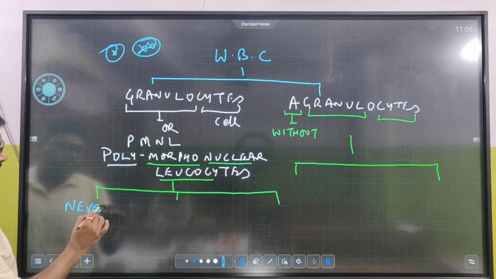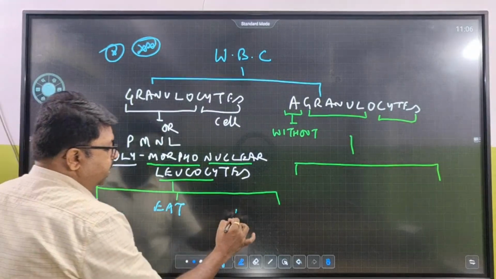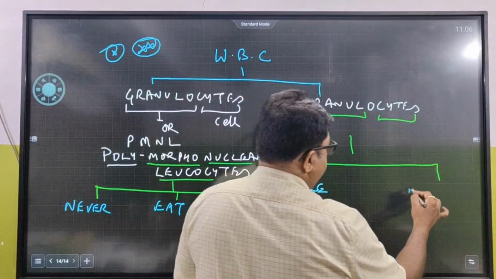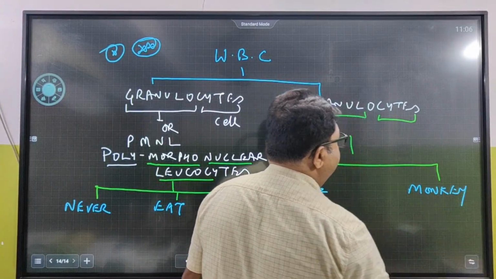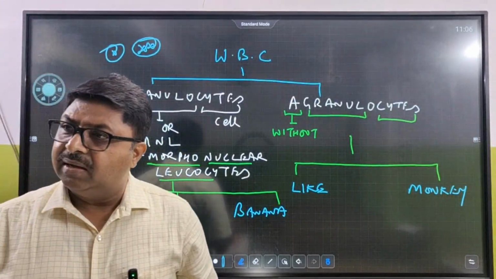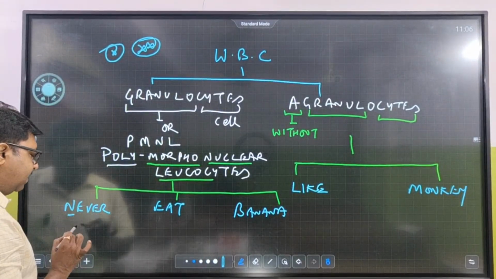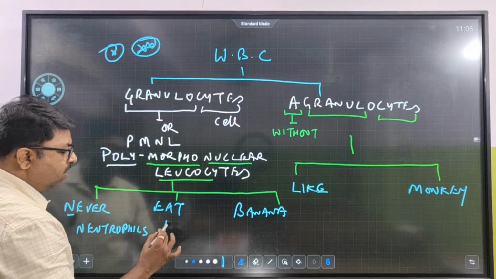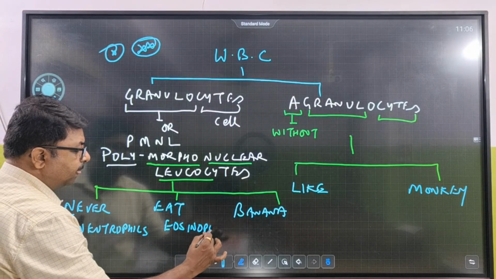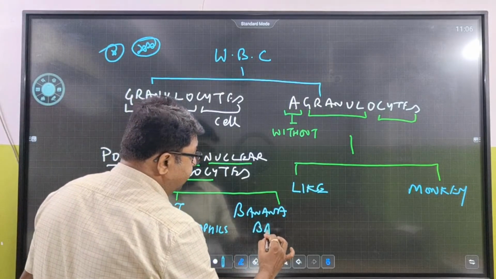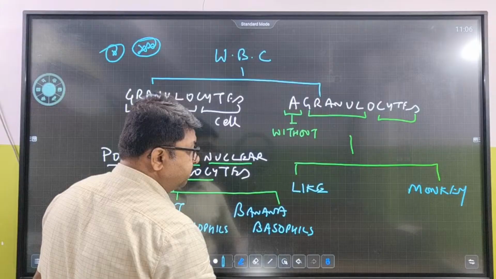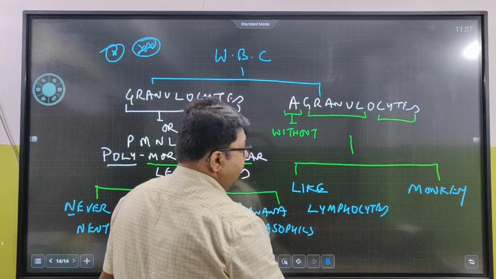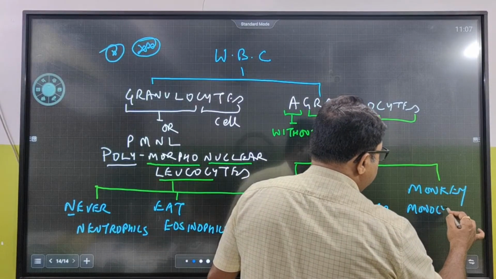Never eat banana like monkeys. These are the 5 different types of WBC, where N stands for neutrophils, E for eosinophils, B for basophils, L for lymphocytes, and monkey for monocytes.